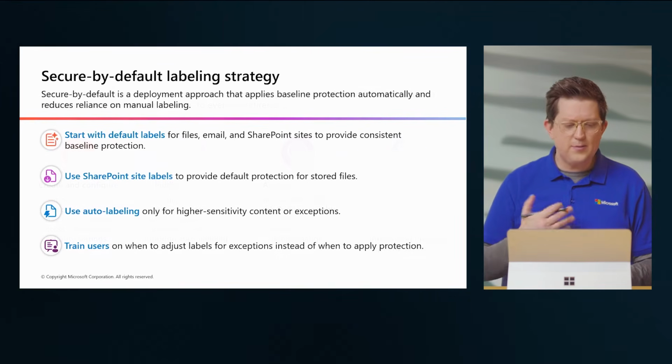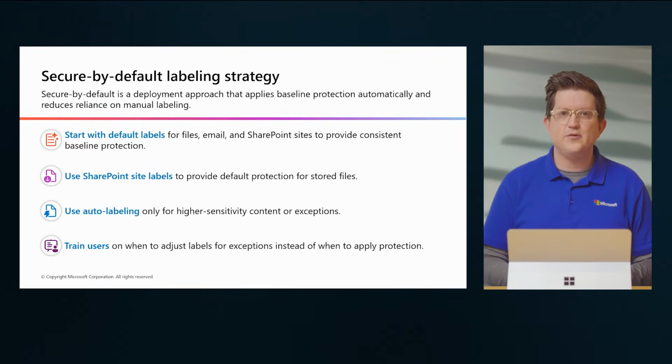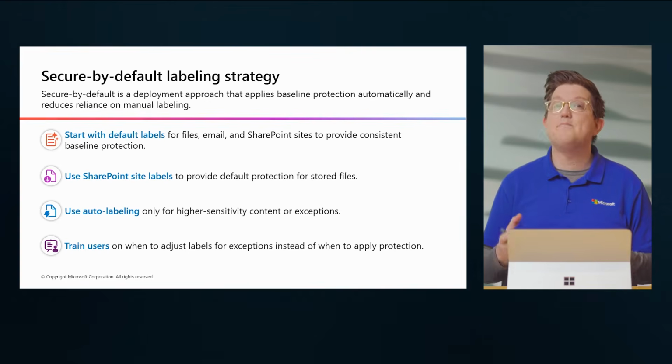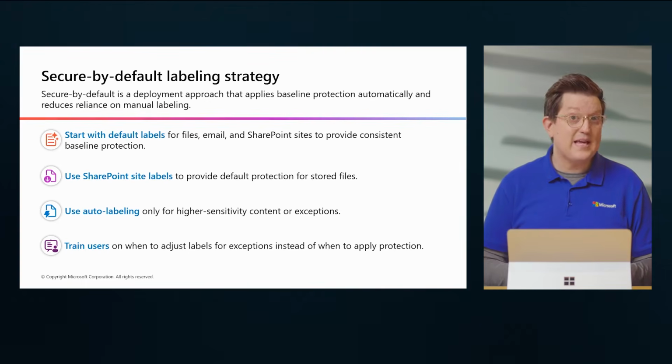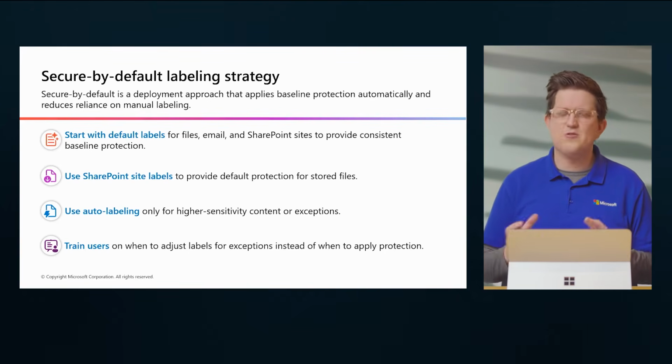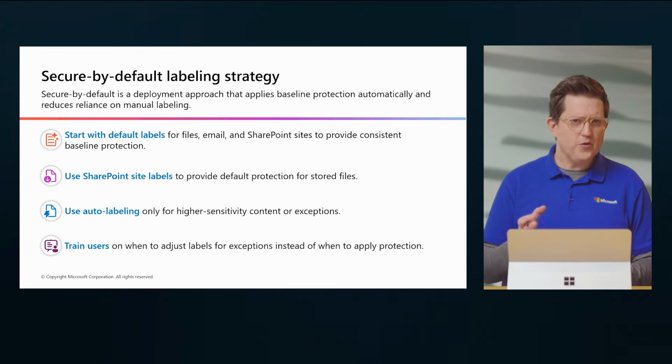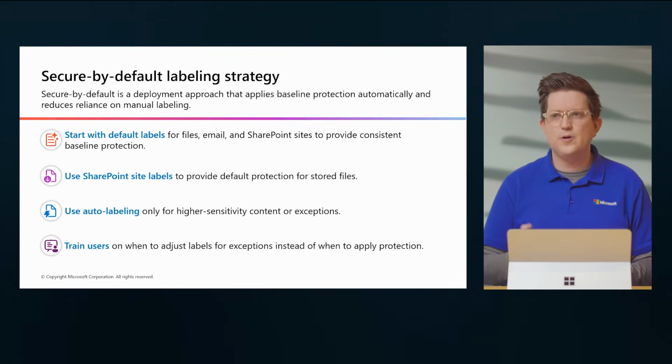Now, the labeling strategy starts with a simple place of starting with the defaults. Microsoft does actually provide defaults in our labels to give you a baseline. If you have another baseline you need to follow, though, it's well within your remit to change these or adjust them to your own requirements. It's also good to note that labels don't have to be applied to individual files, folders, emails, that sort of thing directly.